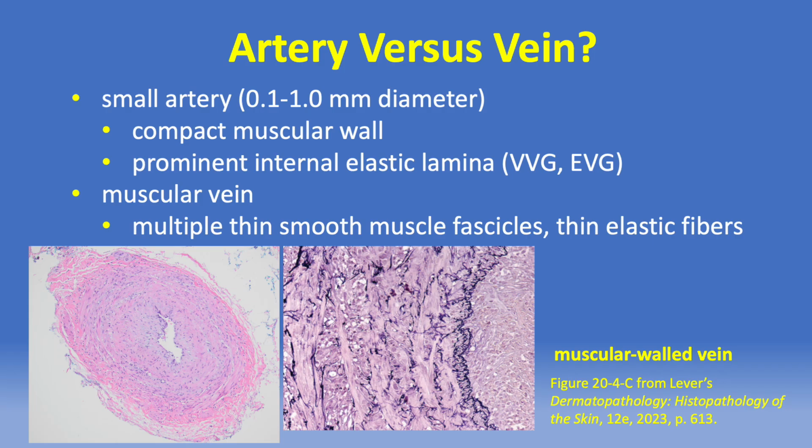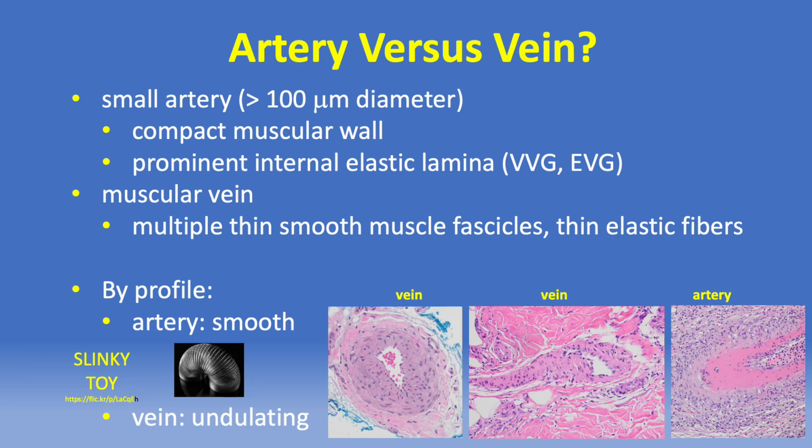Both small arteries and small veins are defined as having a diameter between 1/10 of a millimeter and 1 millimeter. Arteries have a compact muscular wall with a prominent internal elastic lamina, whereas muscular walled veins have multiple thinner smooth muscle fascicles demarcated by thin elastic fibers and lack a prominent internal elastic lamina.